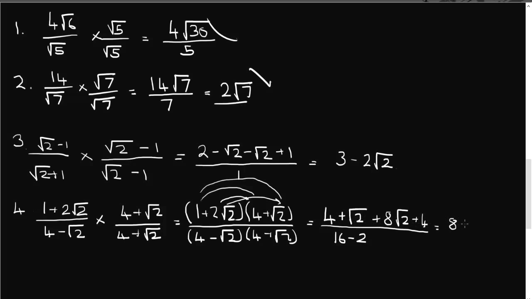Root 2 plus 8 root 2 is 9 root 2, over 16 minus 2, which is 14. And I'll leave the answer like that. So that's 8 plus 9 root 2 over 14.